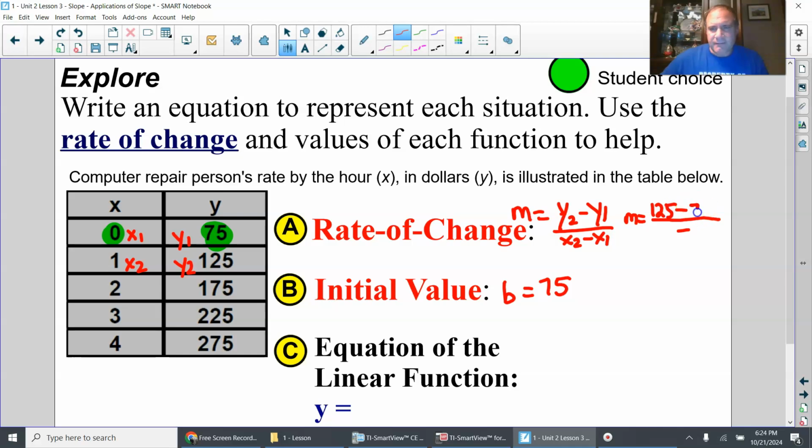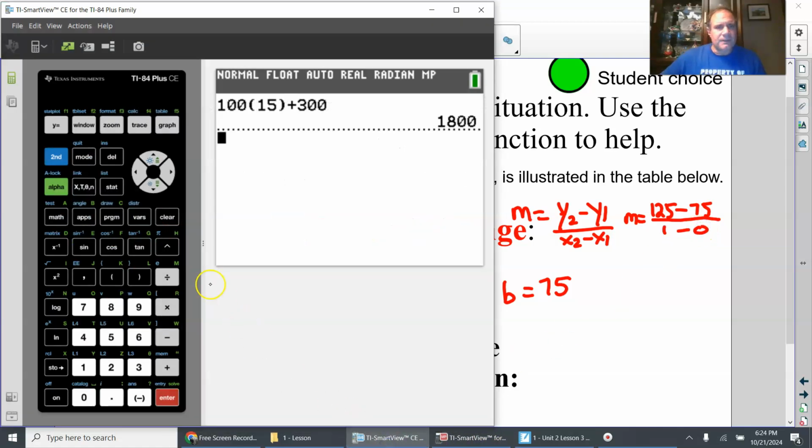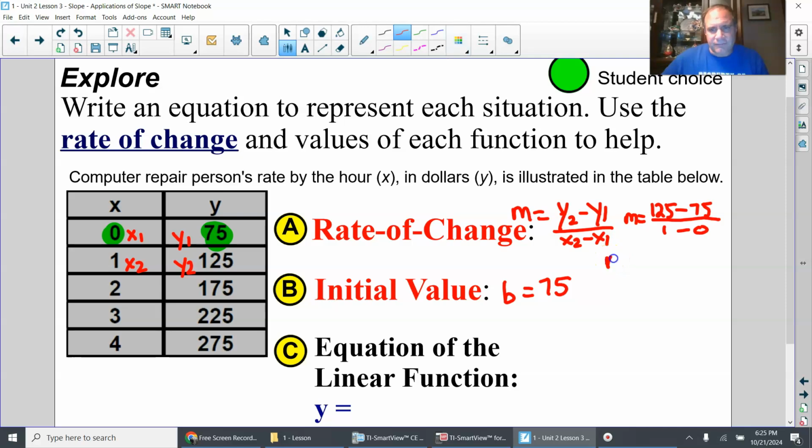Y1 is 75. X2 is 1. X1 is 0. I'm going to put this directly into the calculator. 125 on the top minus 75 as the numerator. And then on the denominator, it's just simply 1 minus 0. You press enter. The calculator gives you 50. That is your answer, 50.